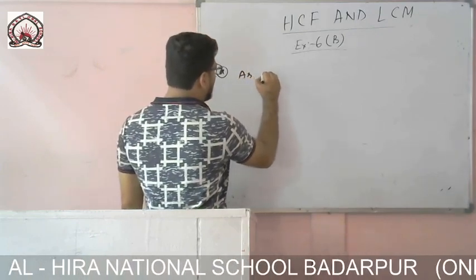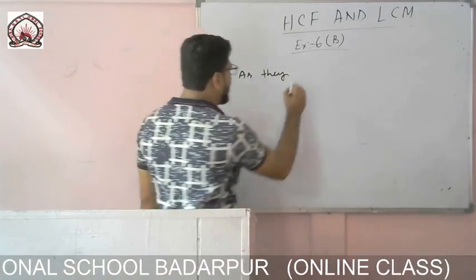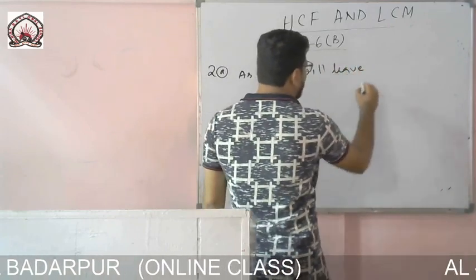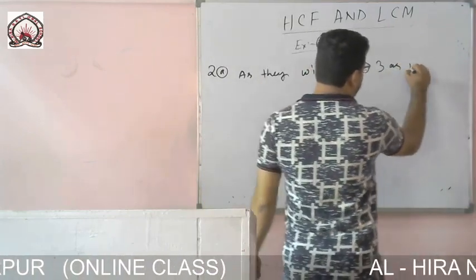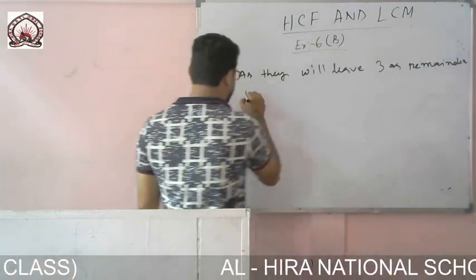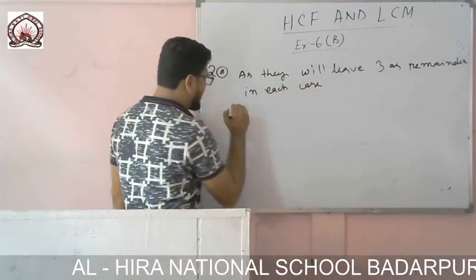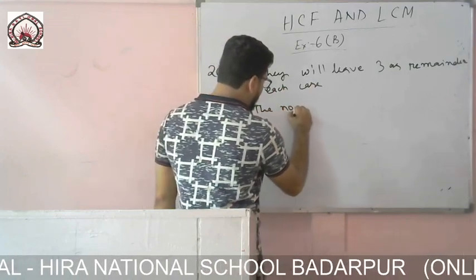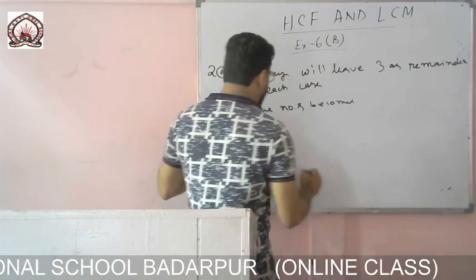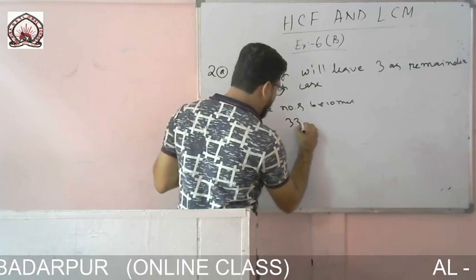As they will leave 3 as remainder in each case, therefore the numbers become 33 minus 3.